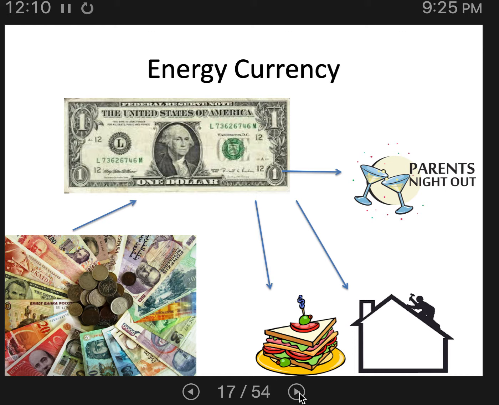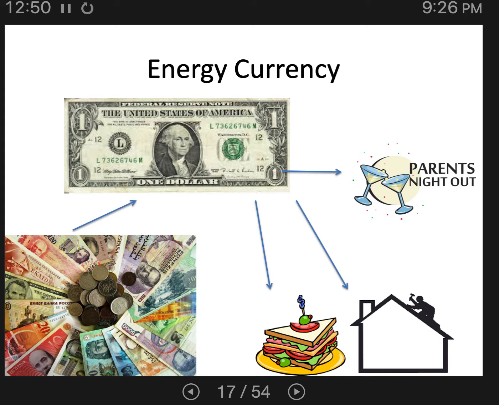So let's think about this. When we're talking about monetary currency, you have all different kinds of currency around the world. And in each separate country, that currency has value. It has an agreed upon value. It's worth a certain amount. But let's just say you work in retail, and your retail store had to be capable of accepting all the currencies of the world.